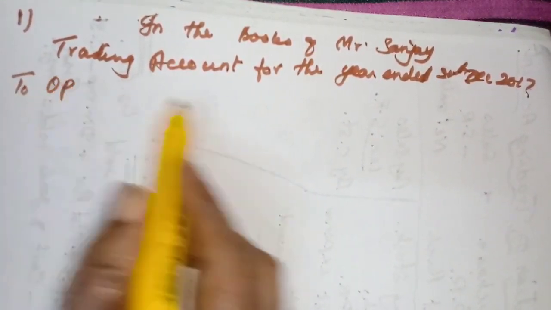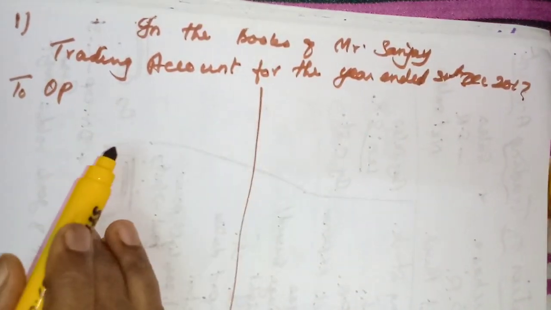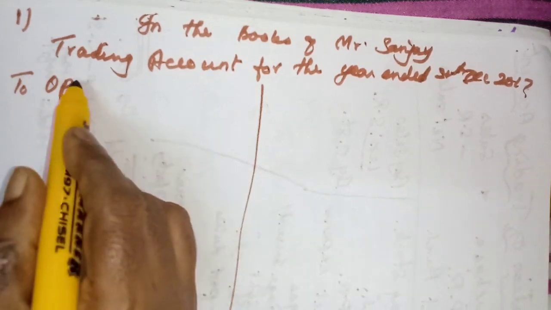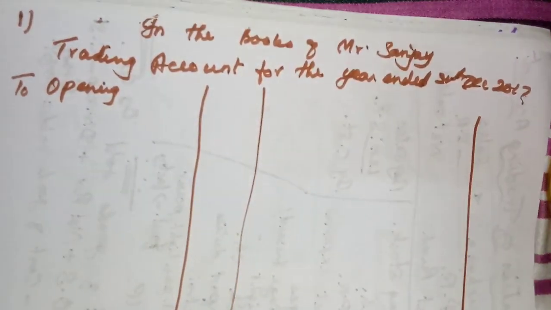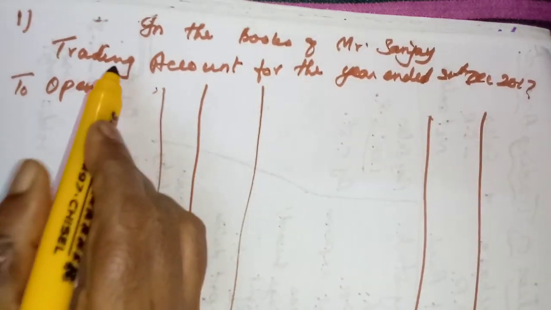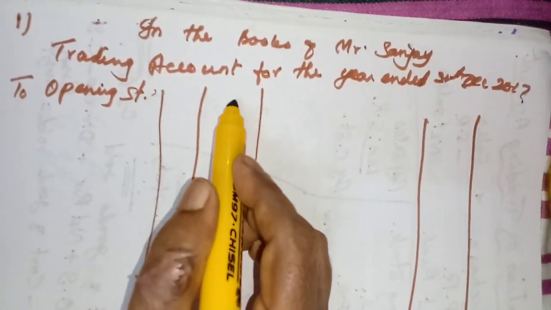To opening stock. Here, this is the right side page, this is the left side page. You use both the pages. To opening stock, here the amount column will be there. To opening stock 570.